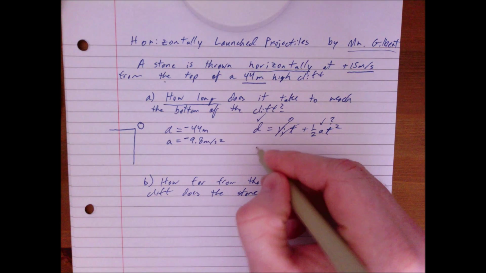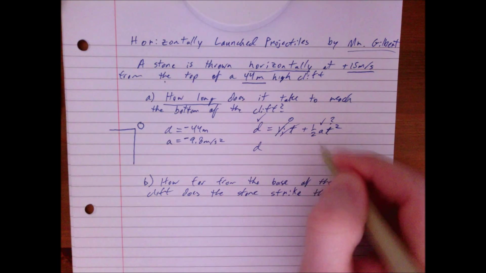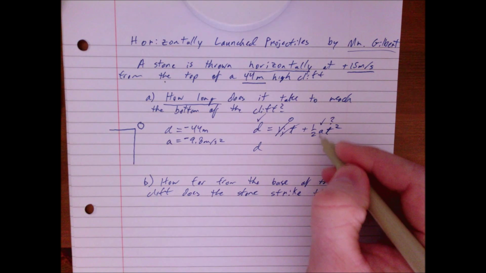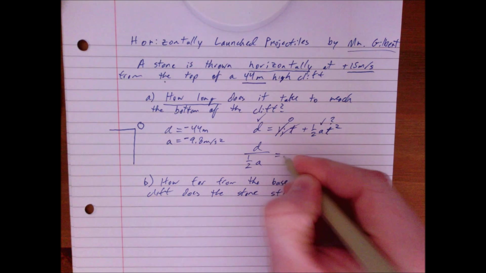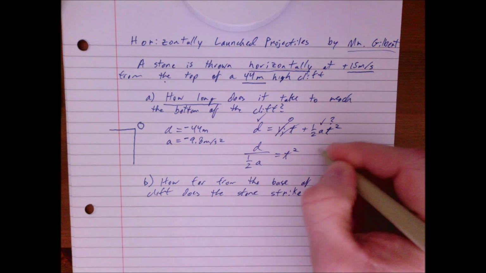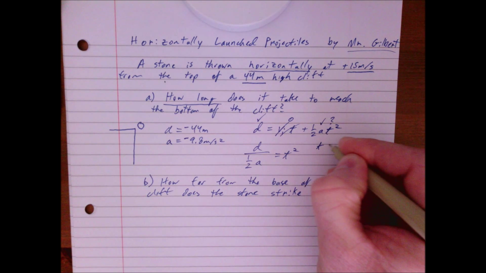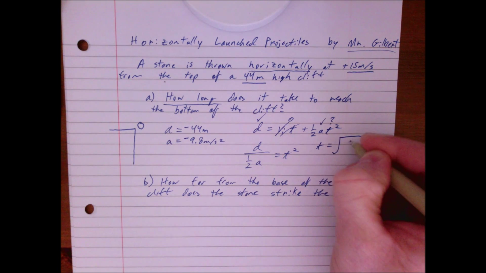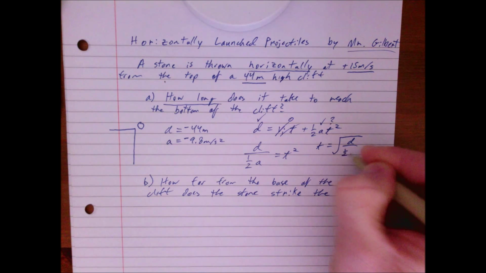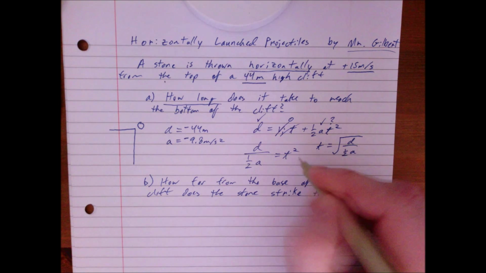So let's do that. Let's rearrange. What I'm going to do to rearrange is I'm going to divide each side by 1/2 a. So d divided by 1/2 a is equal to t squared. T by itself is equal to the square root of the distance divided by 1/2 times the acceleration. You see what I did there?